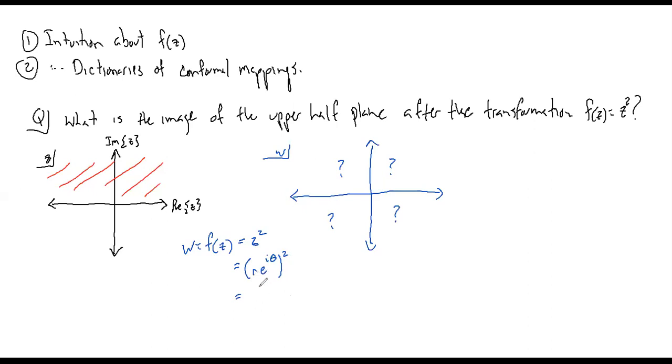So what happens when I square the polar form of the complex number r e^(i phi), or r e^(i theta)? You get r squared, and then the constant in front of the i theta. So I have e^(i theta) squared.